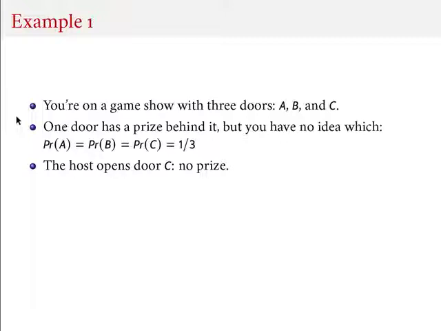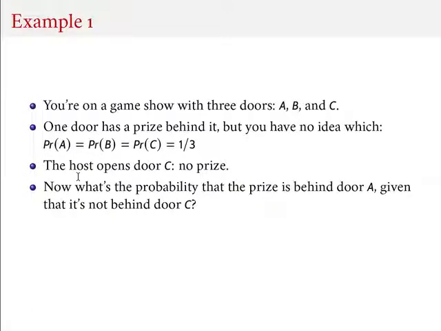So now, given that door C has been opened and there's no prize from it, we can ask about what the new probabilities that the prize is behind door A and B are, given that we know it's not behind door C. That is, we can ask about the probability of A and B conditional upon the prize not being behind door C. So what is the probability that the prize is behind door A, say, given that it's not behind door C? So take a moment to think of what the intuitive answer to this question is before we dive into the formal details.